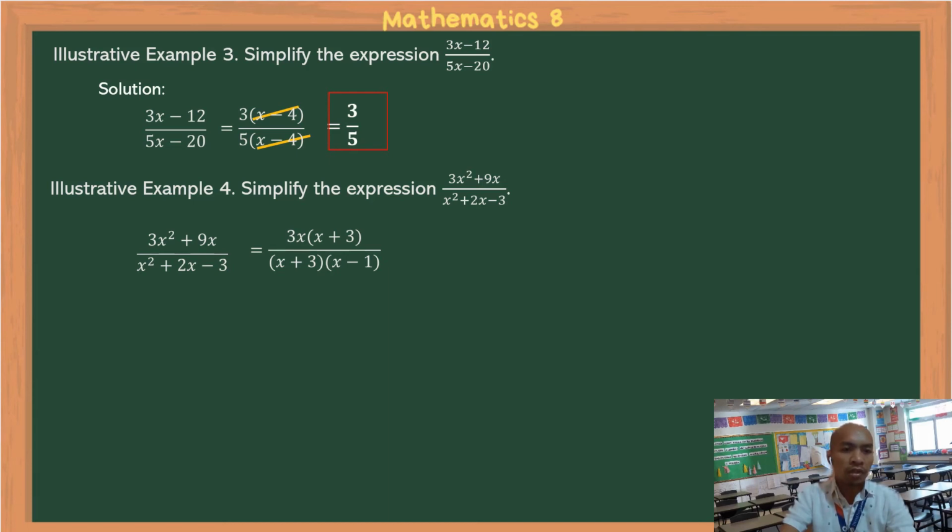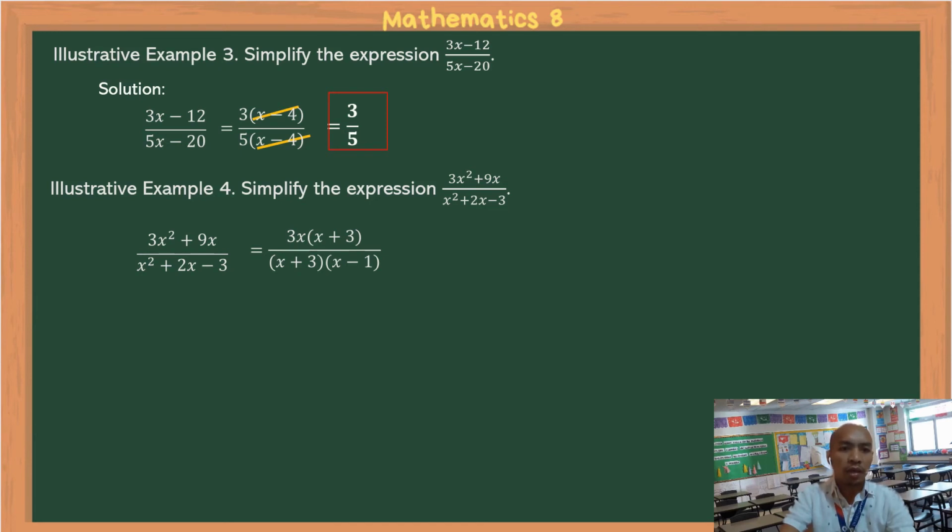Our first term is x squared, so the factors of x squared must be x times x. If we multiply this binomial by this binomial using the FOIL method, we will obtain the x squared. Now, how do we get the constants that we are going to use as the binomial factors here and here?